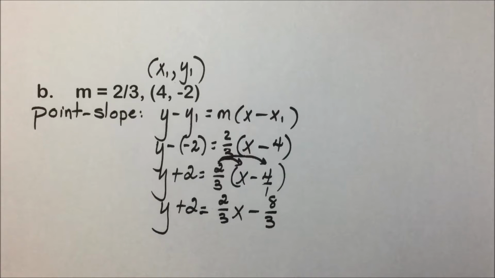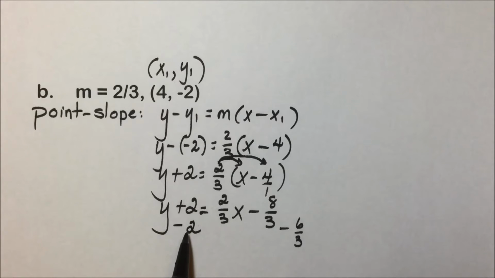Now, to get y by itself, if the goal is to express the linear equation in slope-intercept form, we'll subtract 2 from each side. But instead of 2, if I multiply top and bottom by 3, I'm going to call this 6/3. 6/3 is the same as 6 divided by 3, or 2.